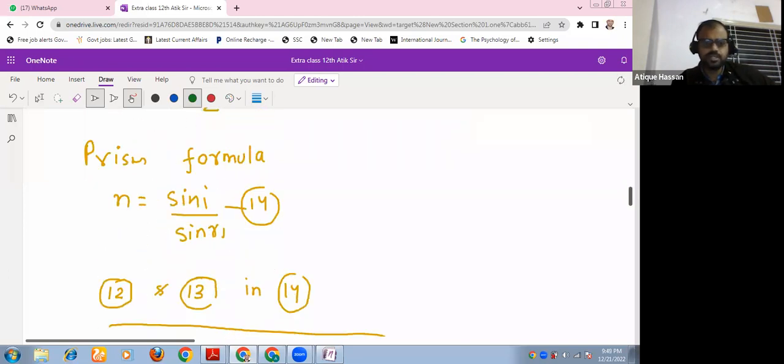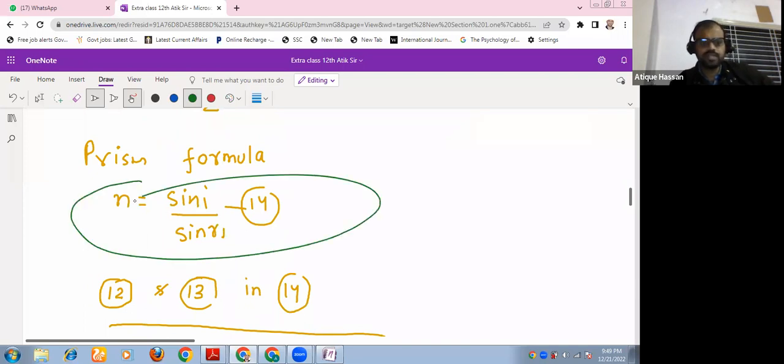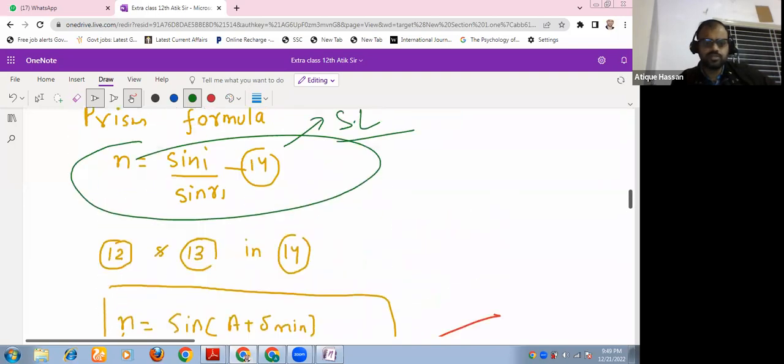And from here, we can apply Snell's law. From Snell's law, you can get it like this, and you can put the value of I.